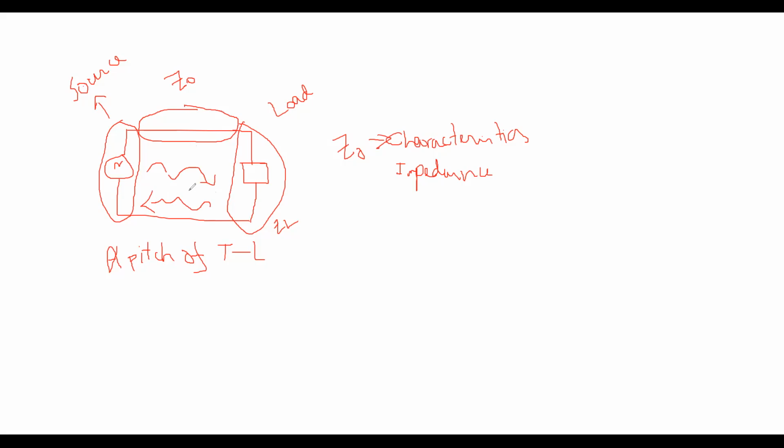There are two kinds of wave. One is the incident wave, which I would call V plus. One is the reflected wave, that is V minus. V plus, we are assuming, is the incident wave.